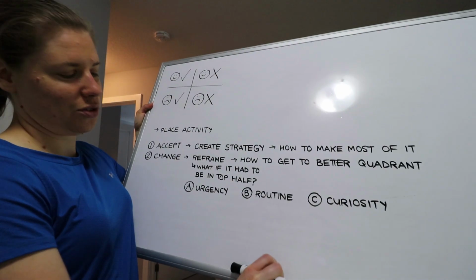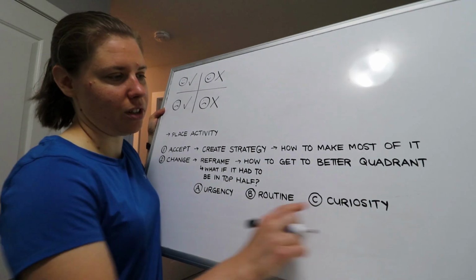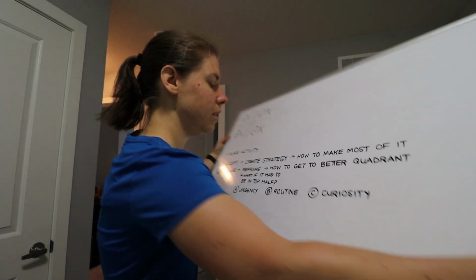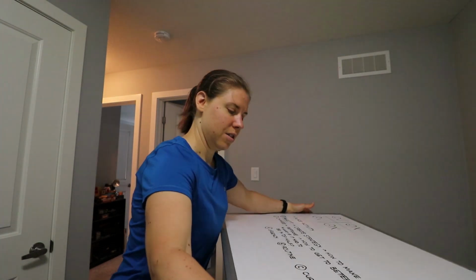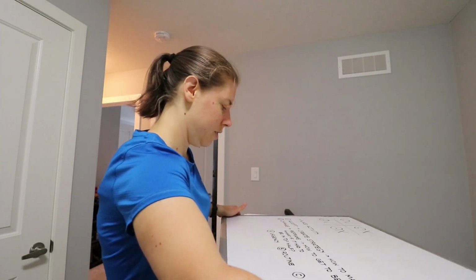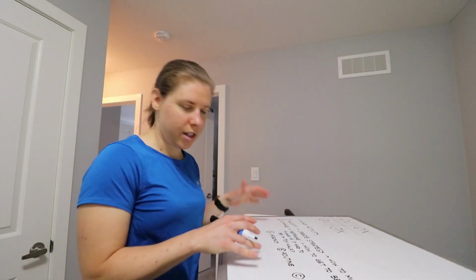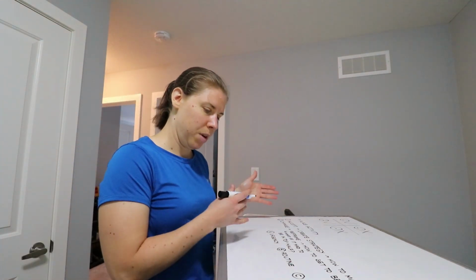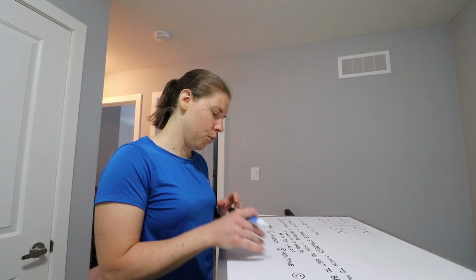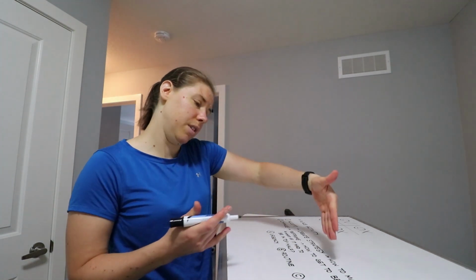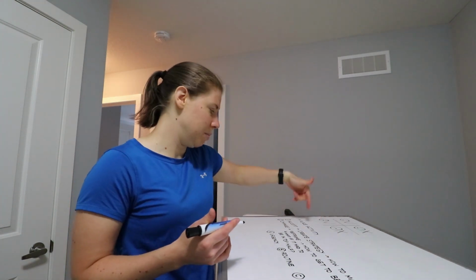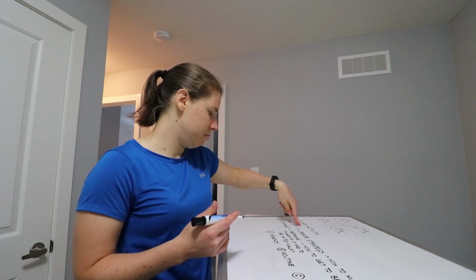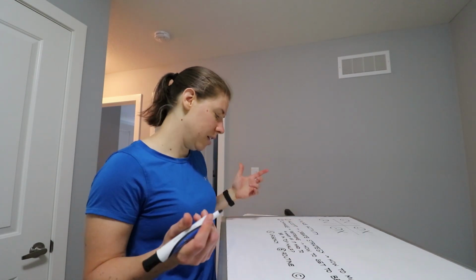I told it those three words: urgency, routine, and curiosity. So playing with those, the urgency and the curiosity are in line with kind of reframing. And then the routine is, I guess, in line with more accepting of where it lies.